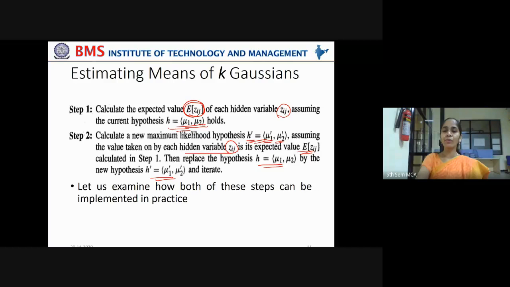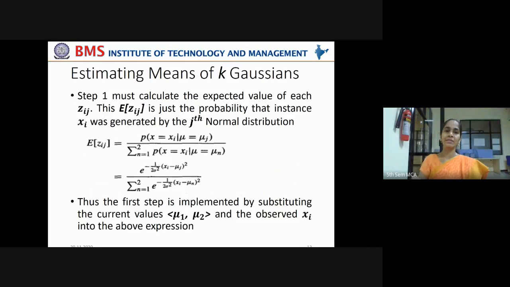Now let us examine how both of these steps can be implemented in practice. What is done in the first step? Step 1: calculate the expected value of each Zij, the mean of each of those distributions. This expected value of Zij is just the probability that instance xi was generated by the jth normal distribution. You are expecting the probability of this sample point being generated from the first distribution, Zi1, or from the next distribution, Zi2.